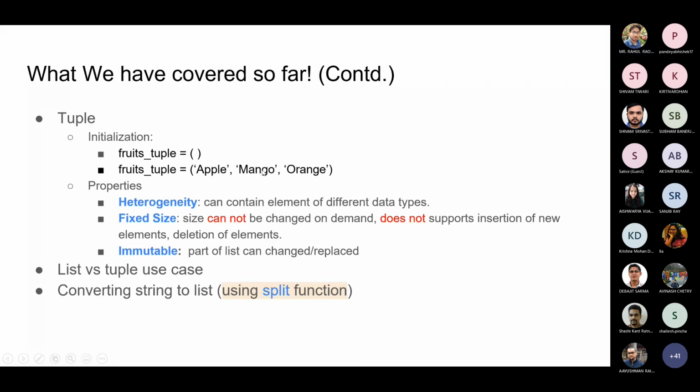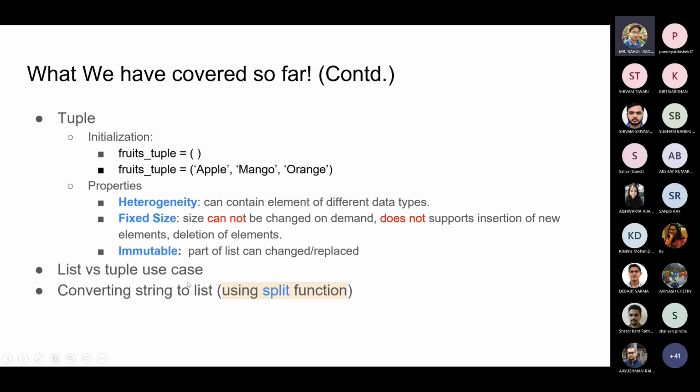It is immutable. Sorry, it is a typo here on the slide; I will correct it. Part of a tuple cannot be changed or replaced. So this is the key difference: fixed size and immutable.